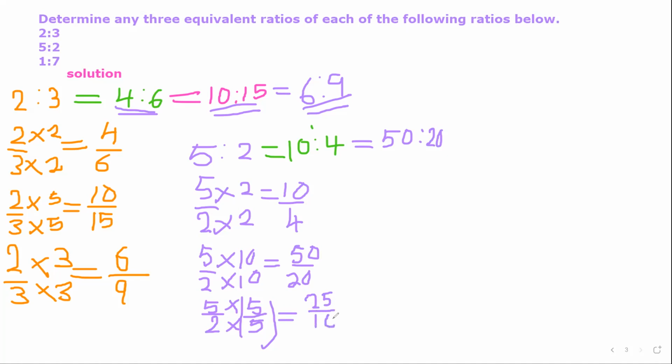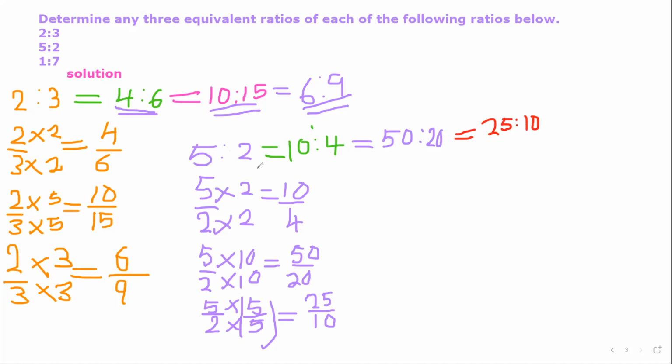Okay, good. Now another ratio that will be equal to this is also 25 to 10. Okay, good.